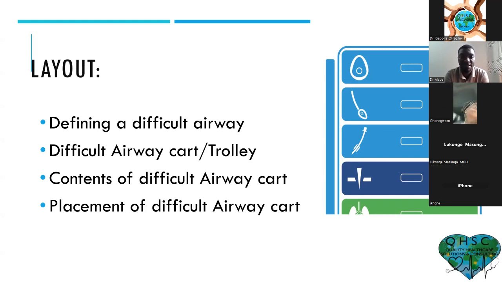We will also check on the difficult airway cart and the trolley, and know exactly what content should be in the difficult airway cart, and the correct placement of the difficult airway cart in a hospital environment, where we could place it properly so anyone can know where it is. It can be accessed very easily, so it can be useful and helpful to the patient. Okay, next slide.